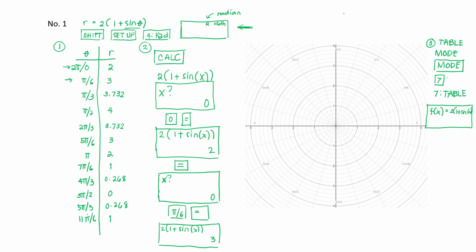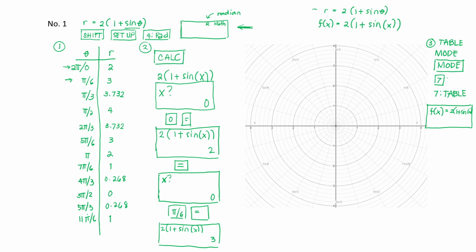So if you're going to place side by side our original equation, this is 2 times 1 plus sine theta, and this will be our f of x. The f of x is our r because that's the function of x. So whatever value of x we have here will be the r value. So this is 2 times 1 plus sine alpha x.